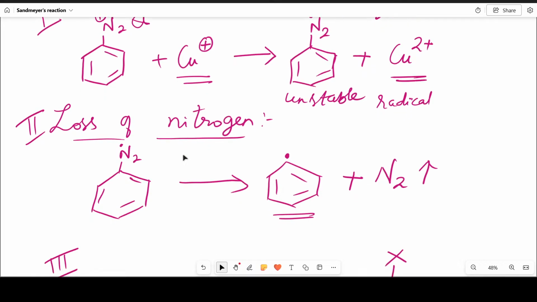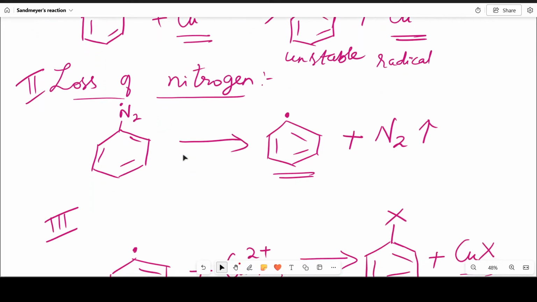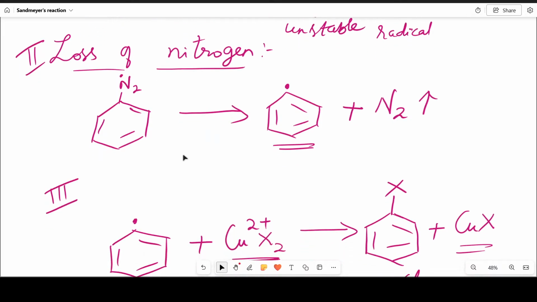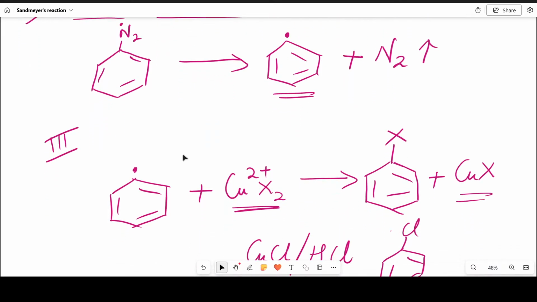Later, loss of nitrogen gives the aryl radical along with the removal of nitrogen gas.